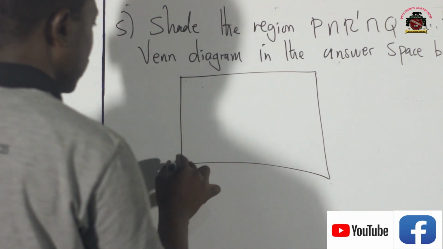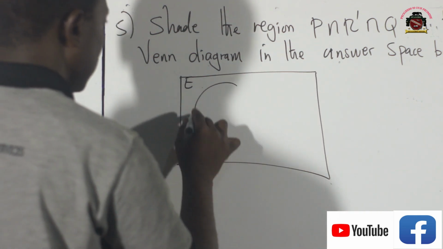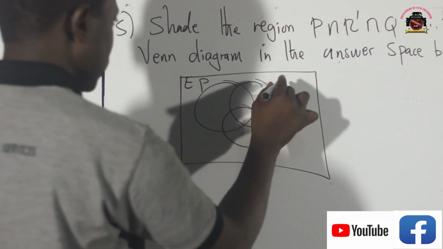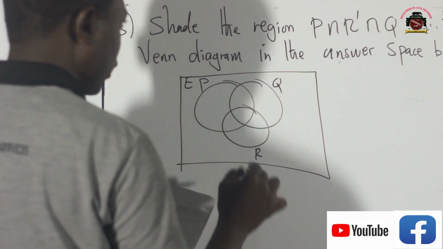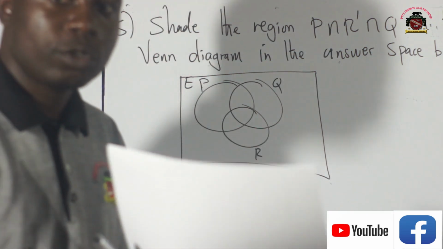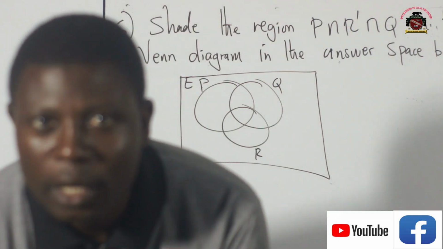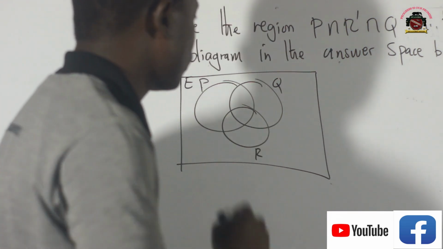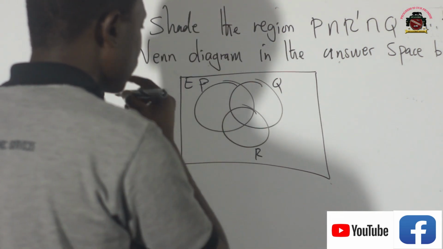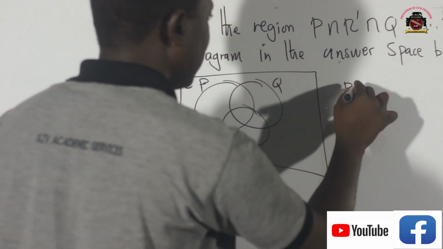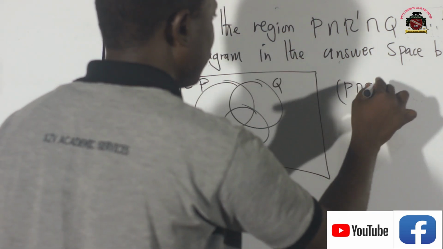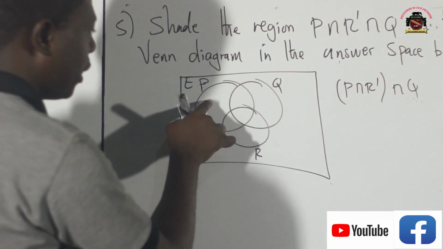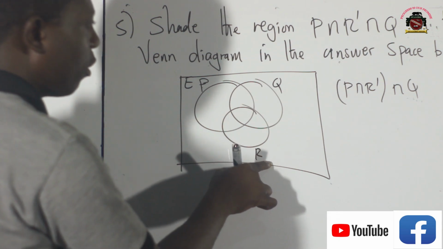This is the inverse set, and then we have these 3 sets, P, Q, and R. The first thing we are going to do is start with P intersect R complement, and then intersect Q. So this is P intersect R complement.